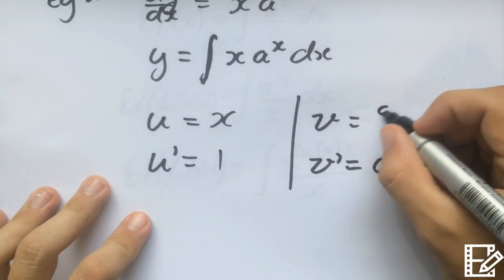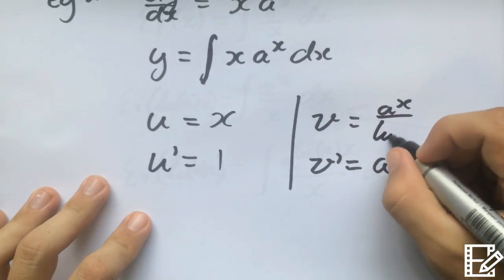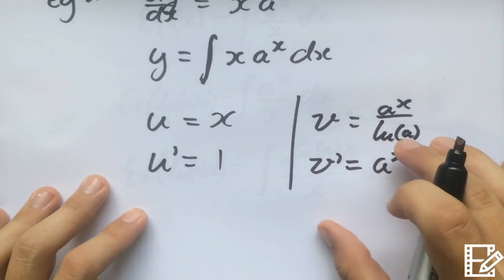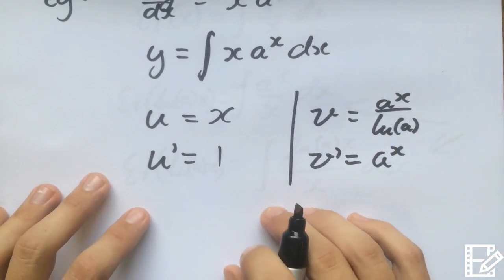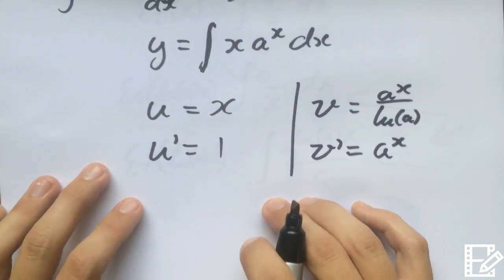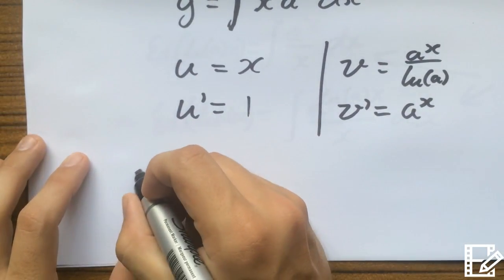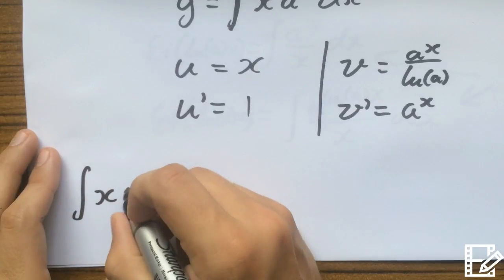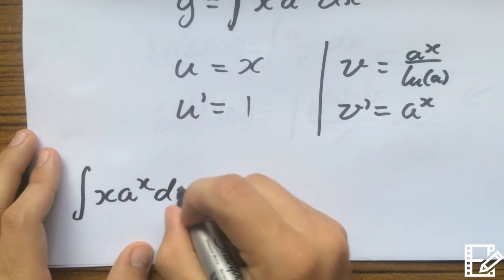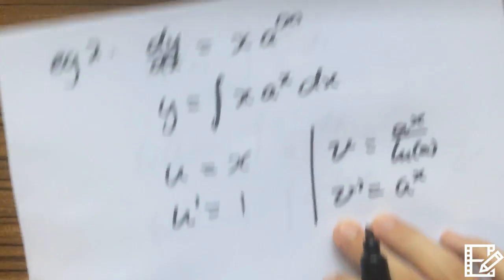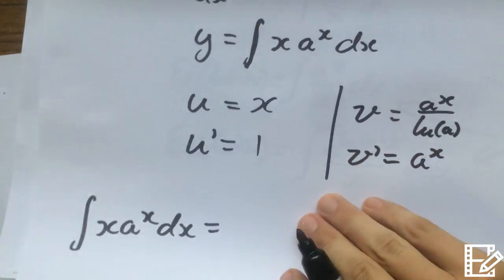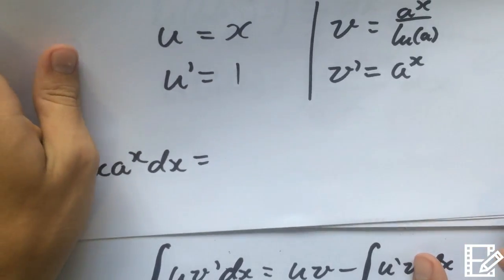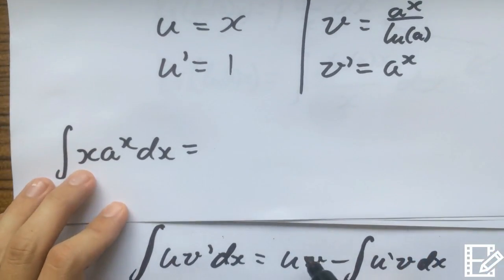And the integral would be a to the x on ln of a. Plus c, but like I said, I don't like adding it in here. Just this spot, I don't like adding it in. Okay? So if I rewrite this, and in the formula, if I rewrite it like the formula at the beginning says, we need u multiplied by v.